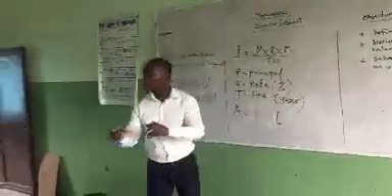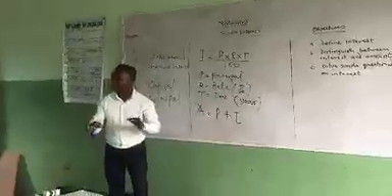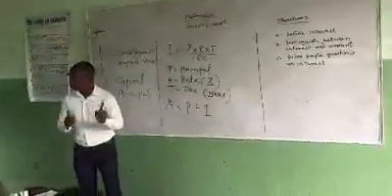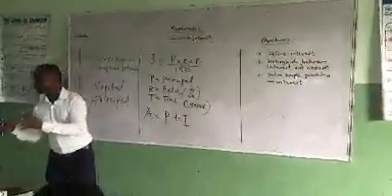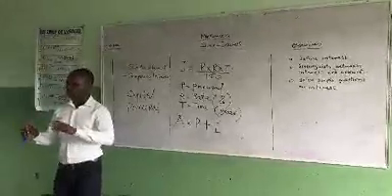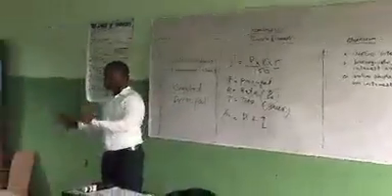Amount is the sum of the principal, the capital that is borrowed, and the interest on the capital that is borrowed.